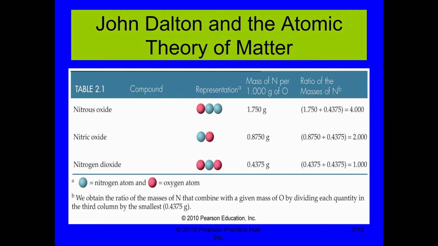In the second compound, we have nitric oxide. This is a 1:1 ratio between the nitrogen and oxygen. And then finally, in nitrogen dioxide, we have two oxygen atoms and one nitrogen atom. All three of these compounds are unique compounds with their own masses and chemical characteristics, but they're all comprised of nitrogen and oxygen.